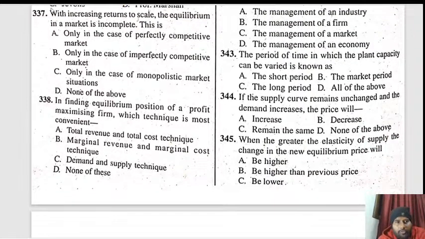Moving ahead to question number 337. With increasing return to scale, the equilibrium in market is incomplete. So read the question.